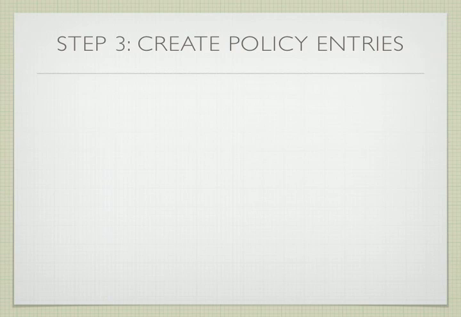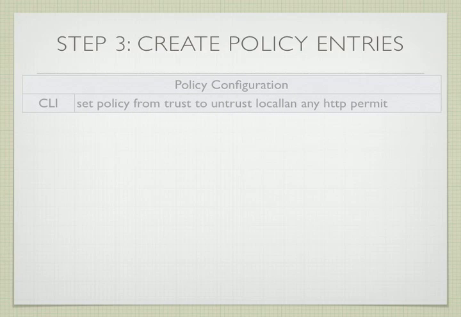Okay, so now we have our address book entries and our service entries ready to go, and we're able then to create our policy. The policy configuration would be set policy from zone, from trust, to zone, to untrust, name of the policy, we're calling local LAN, any, this is HTTP and permit.